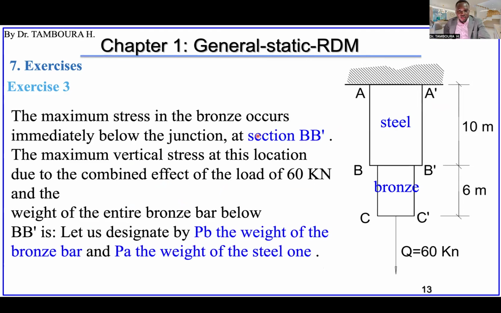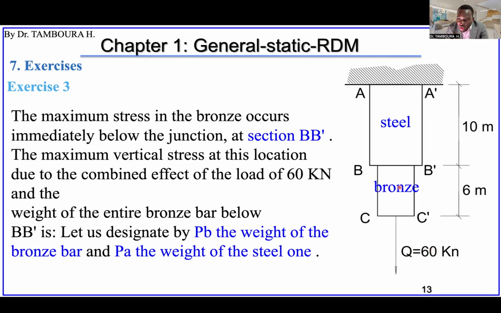Let's take the case of the bronze material. The maximum stress will be at this section B prime. The reason for that is because this is subjected to its own weight and also subjected to this force Q of 60 kilonewton.